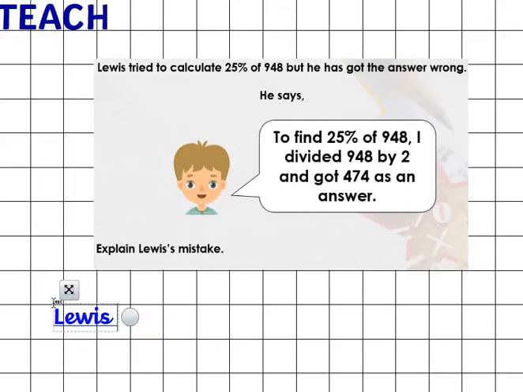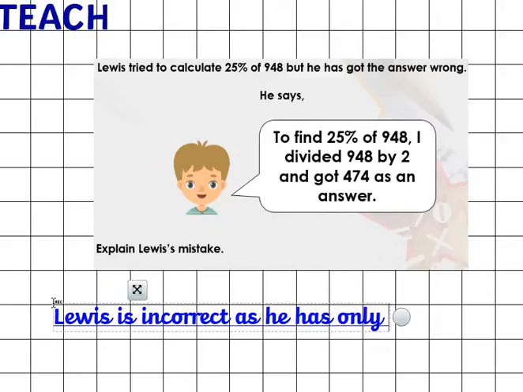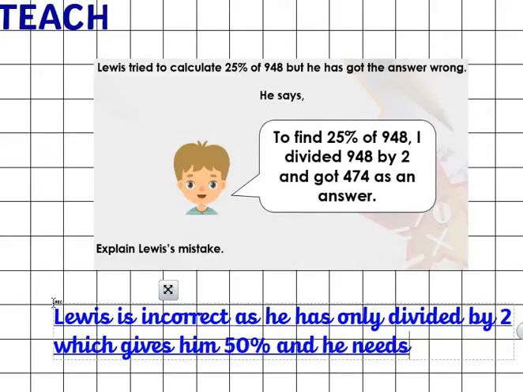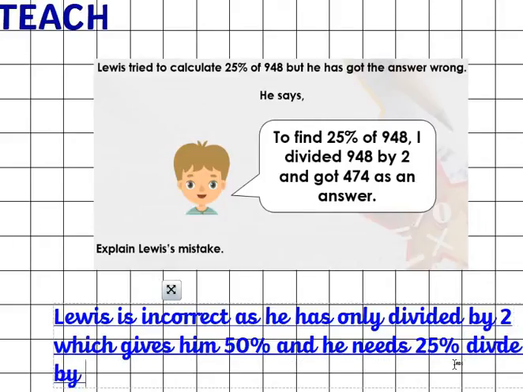Well, Lewis is incorrect, as he has only divided by 2, which gives him 50%, and he needs 25%. So meaning that he needs to divide by 4 rather than 2.